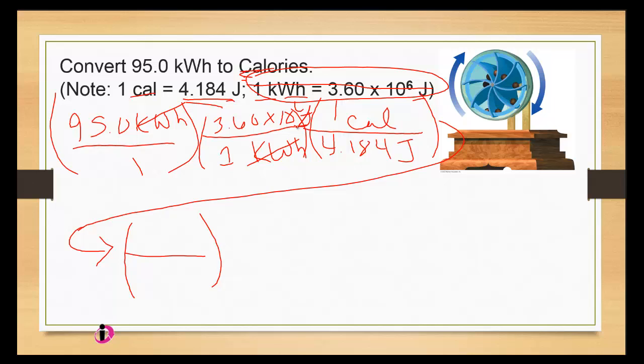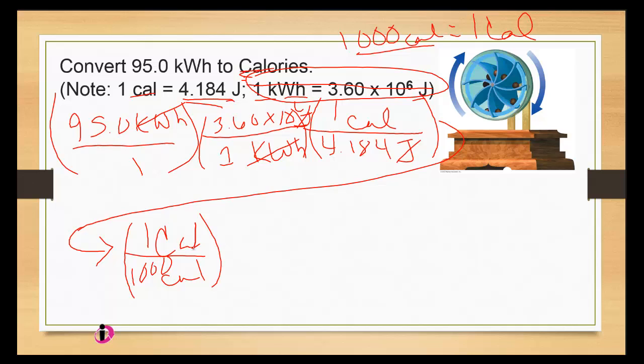I have little calories on top. I want to put little calories on the bottom of the next one. I don't have this conversion factor written down, but I can say 1,000 calories is equal to 1 nutritional calorie with the capital C. So 1,000 goes on the bottom, then 1 with a capital C goes on top.